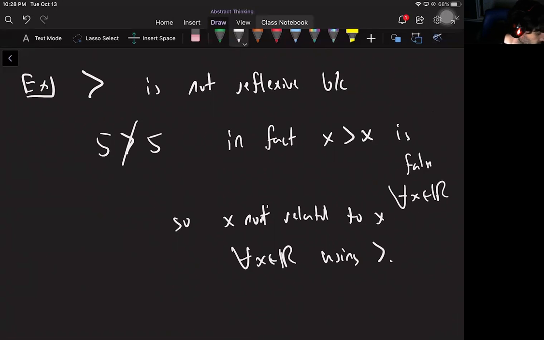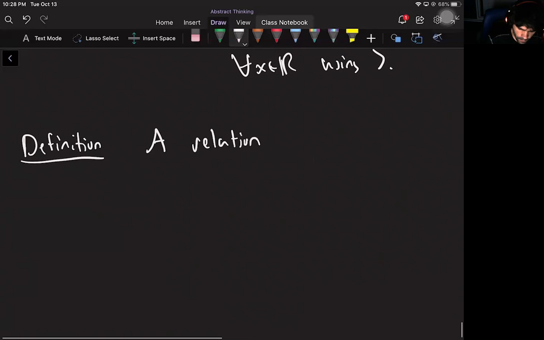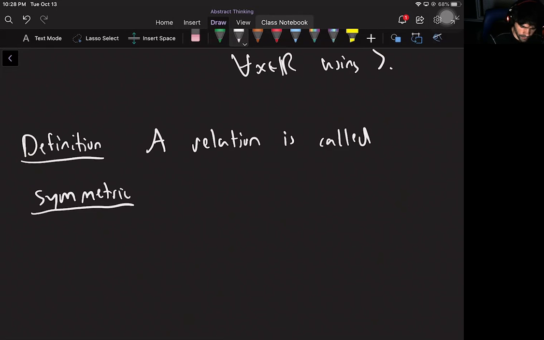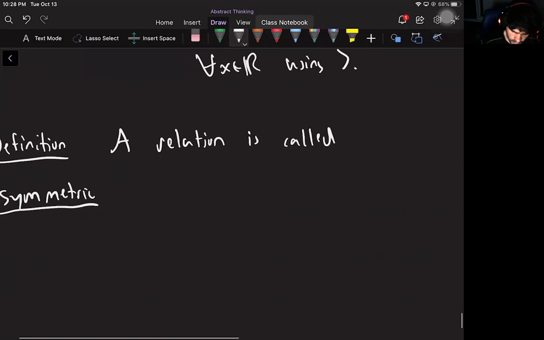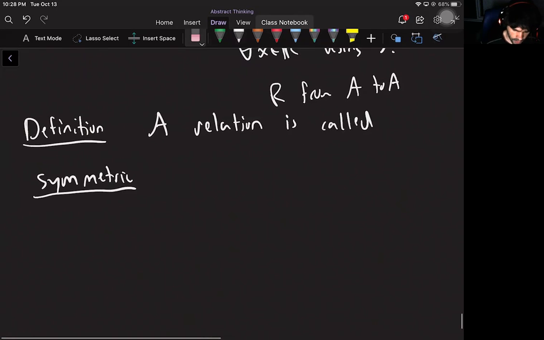Okay, so then the last definition for today is the other nice property that a relation can have. So a relation is called symmetric. So I guess I do have to say all this other stuff. So relation R from A to A, it's called symmetric when, whoops.